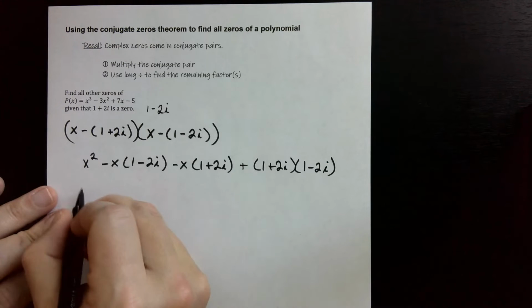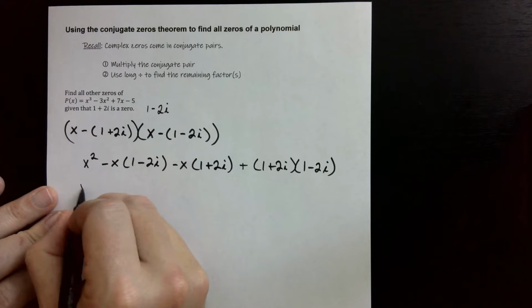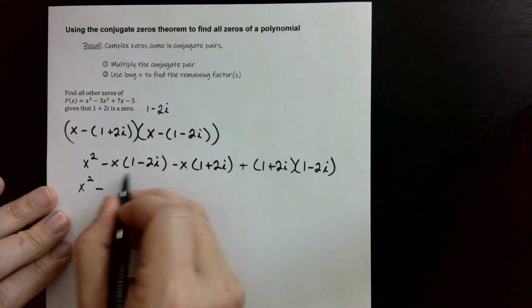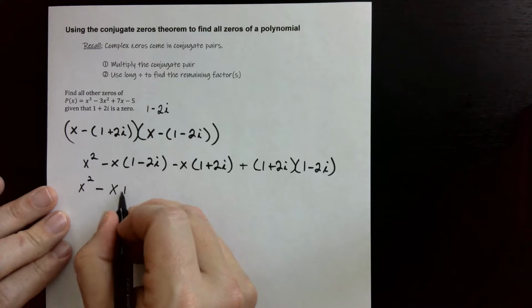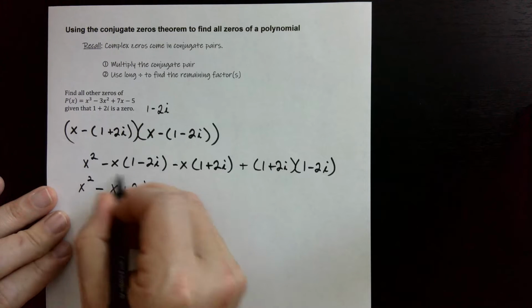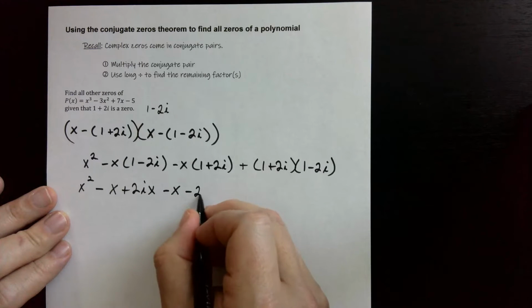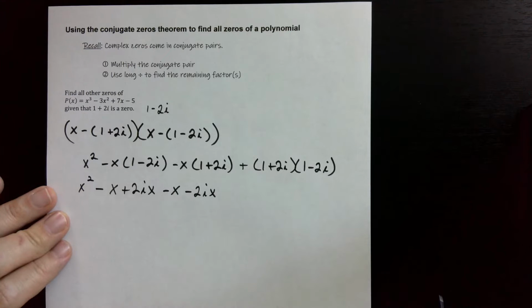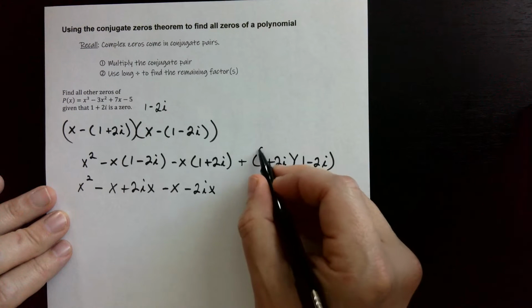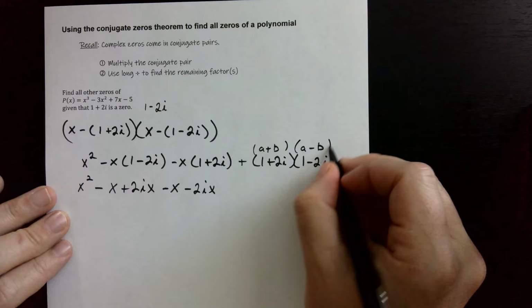Okay, now we can clean this up a little bit. We have x squared minus, I'm distributing, x plus 2ix, that's both of those, minus x minus 2ix, it takes care of both of those. And then this is a difference of squares. A plus b, a minus b becomes a squared minus b squared.